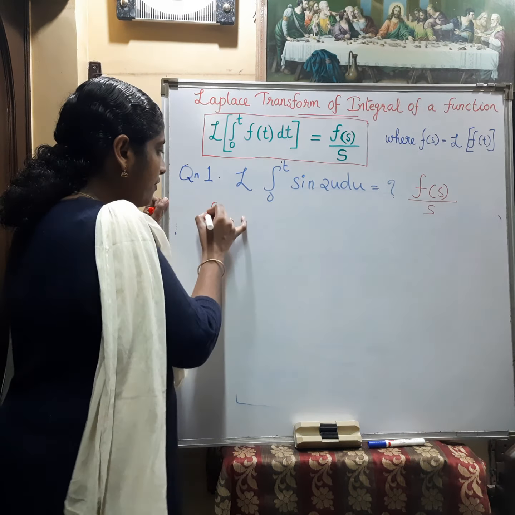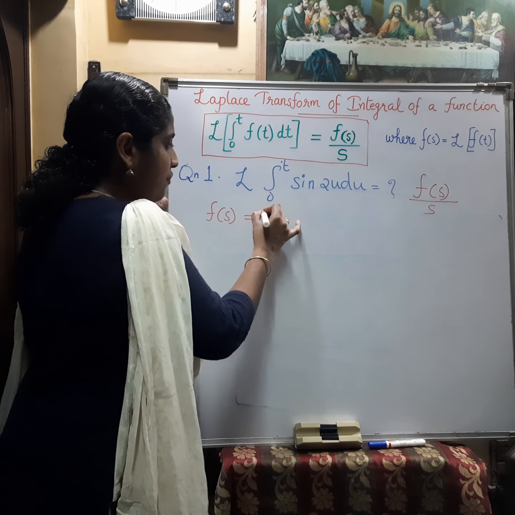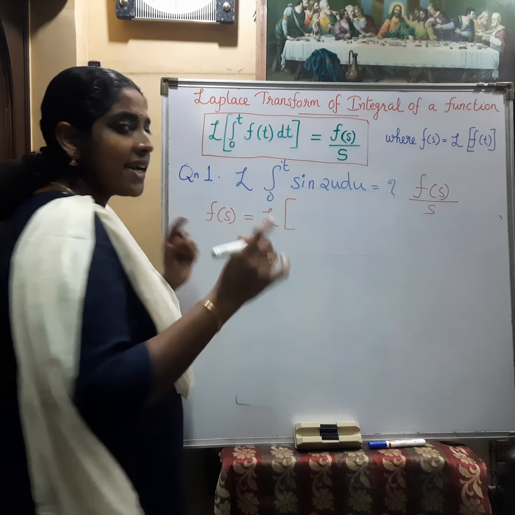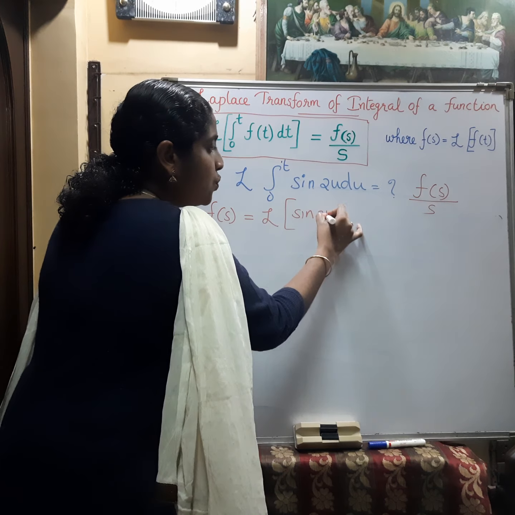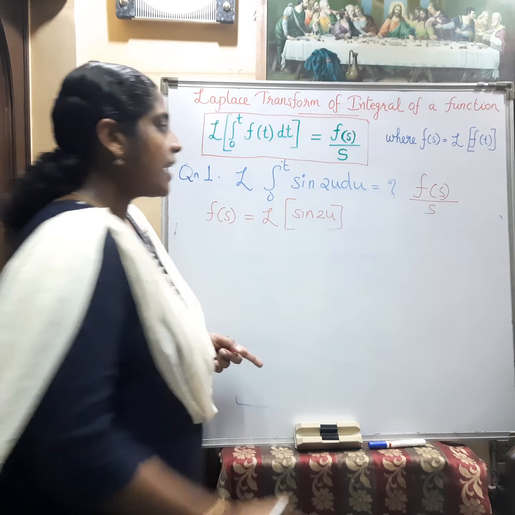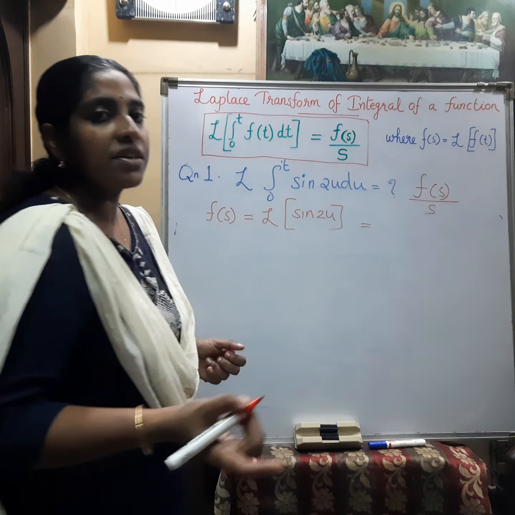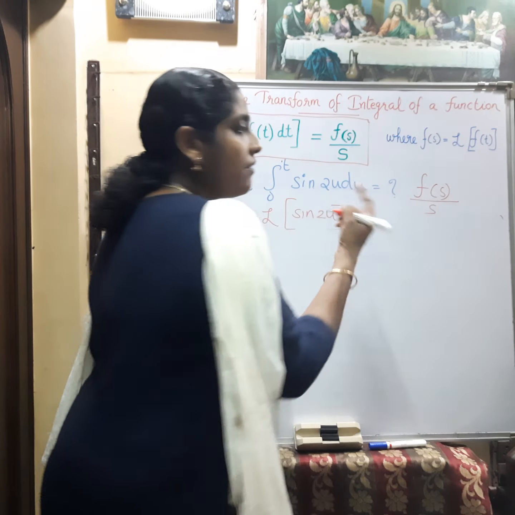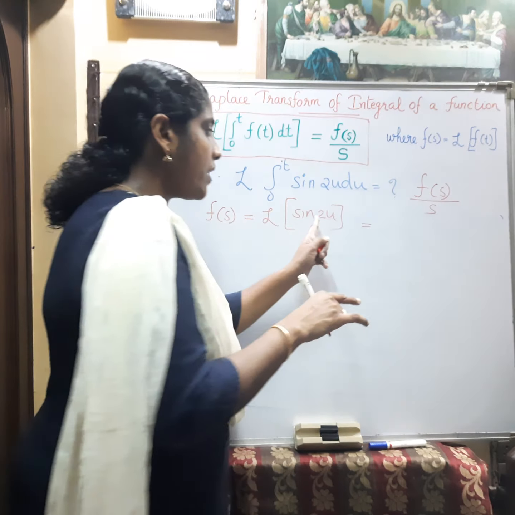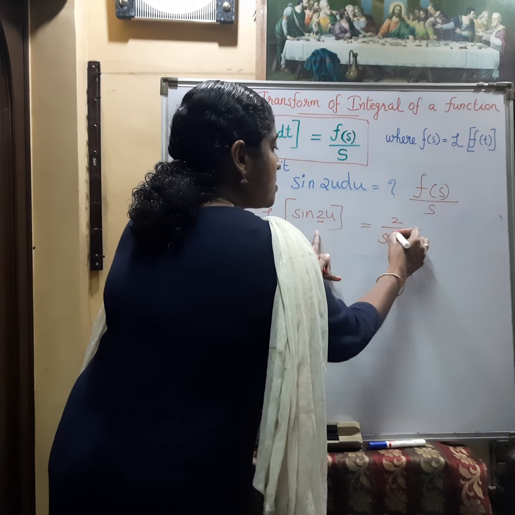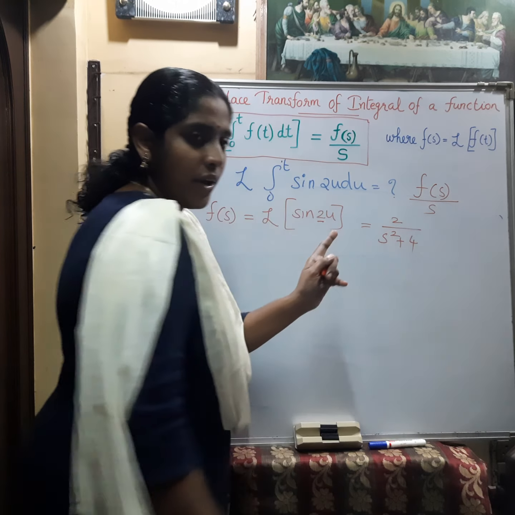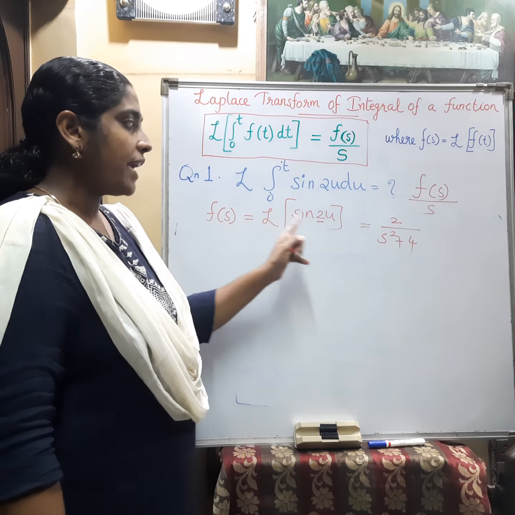So first we find f of s, the Laplace transform of the given function, sine 2u. The sine function Laplace transform is a divided by s square plus a square. Here a is 2, so 2 divided by s square plus 4. This is the Laplace transform of sine 2u.